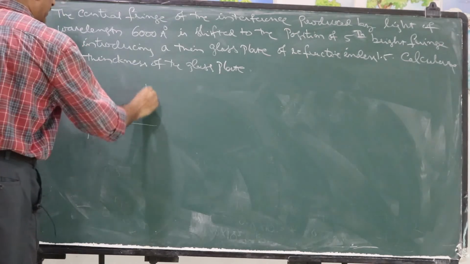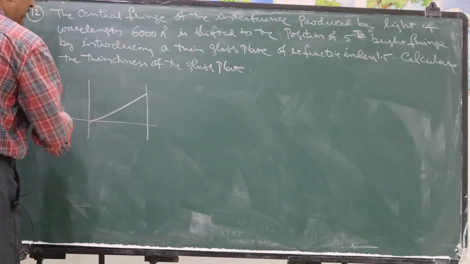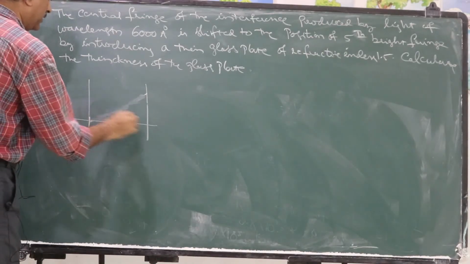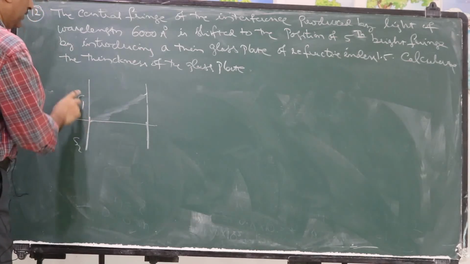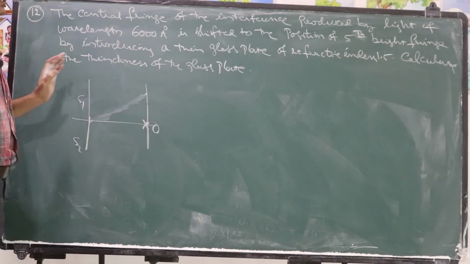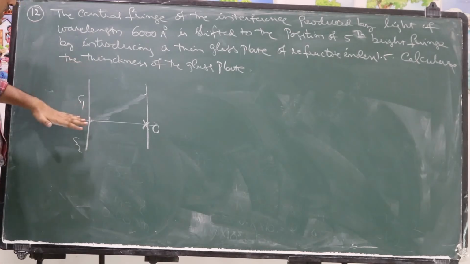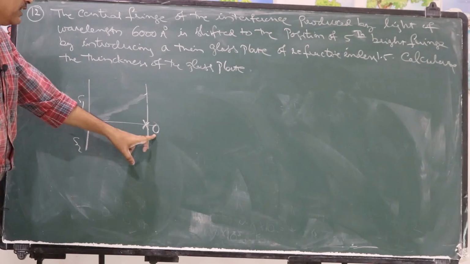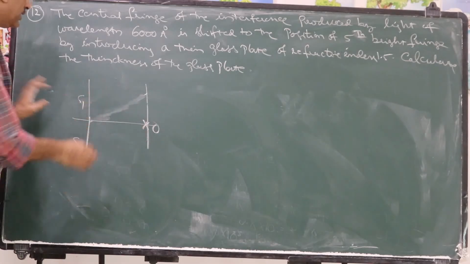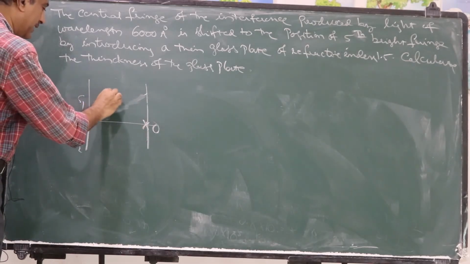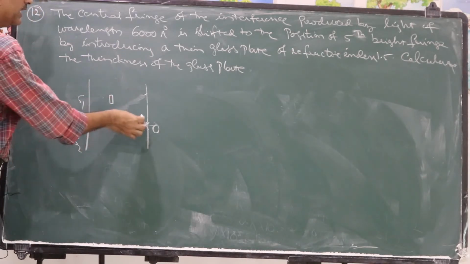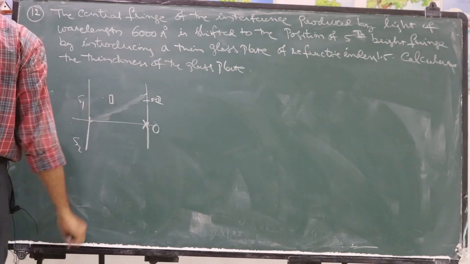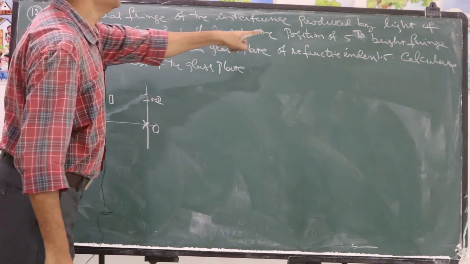Now, given that suppose there is no glass sheet in between the paths of either S1 or S2, then we get the central bright fringe at the position of O. Suppose if we introduce a glass sheet in any one of these paths, it is given that it shifts to the 5th bright position.